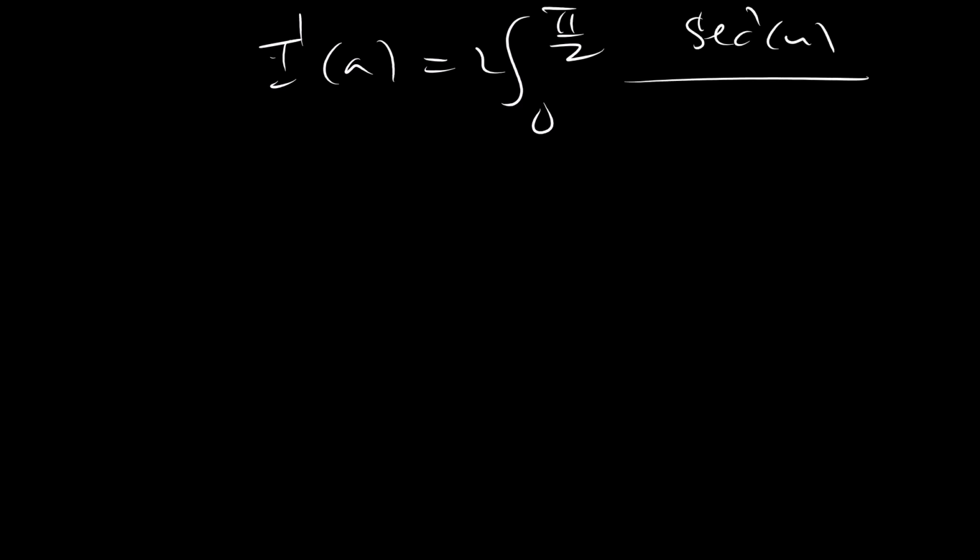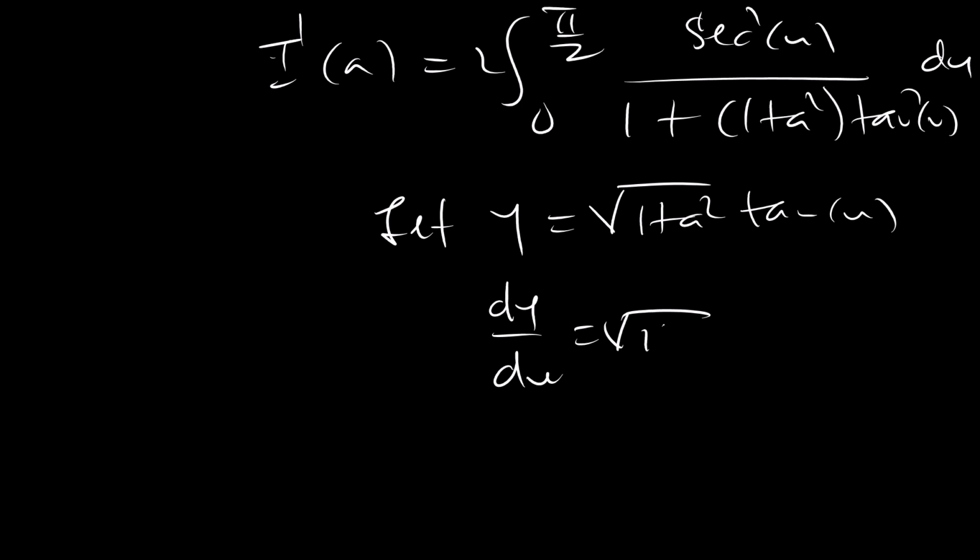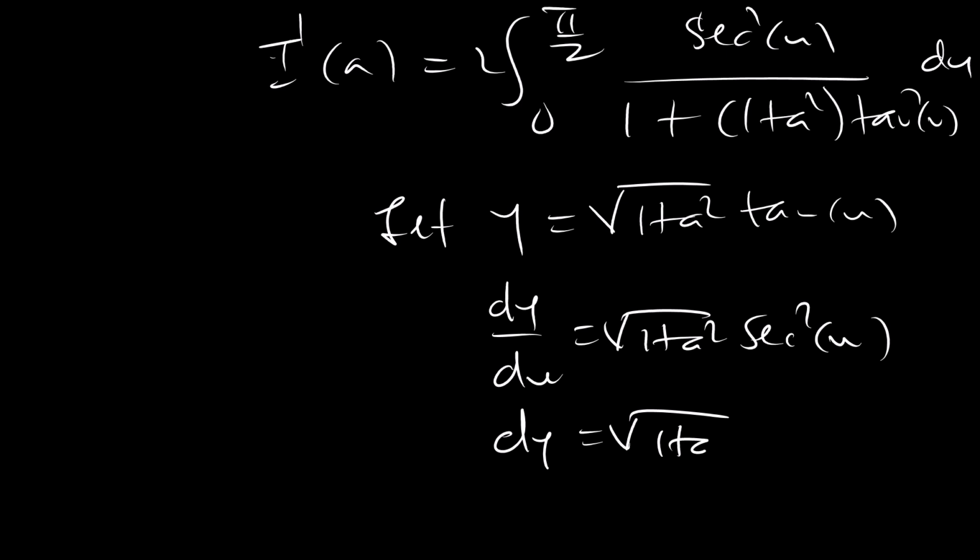So since we have twice the integral from 0 to pi over 2 of sec squared u over 1 plus a squared tan squared u, we could let y be equal to the square root of 1 plus a squared times tangent of u, such that dy/du is equal to the square root of 1 plus a squared times sec squared u, and so dy is equal to the square root of 1 plus a squared sec squared u du.